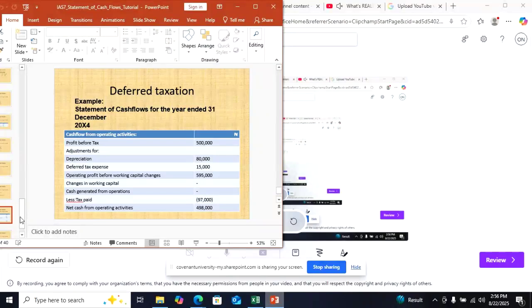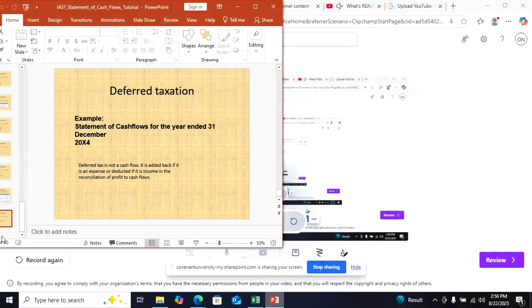Therefore, we have tax paid of 97,000. The resulting amount is calculated as 498,000 naira. Therefore, we say that deferred tax is not a cash flow. Therefore, it is added back if it is an expense or deducted if it is an income in the reconciliation of profits to cash flows.